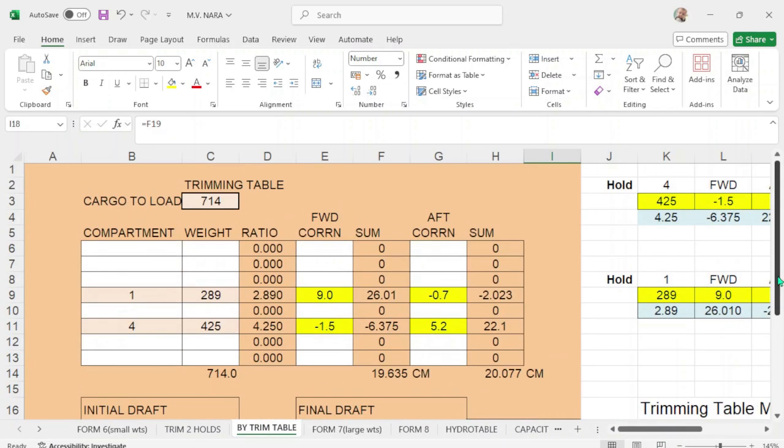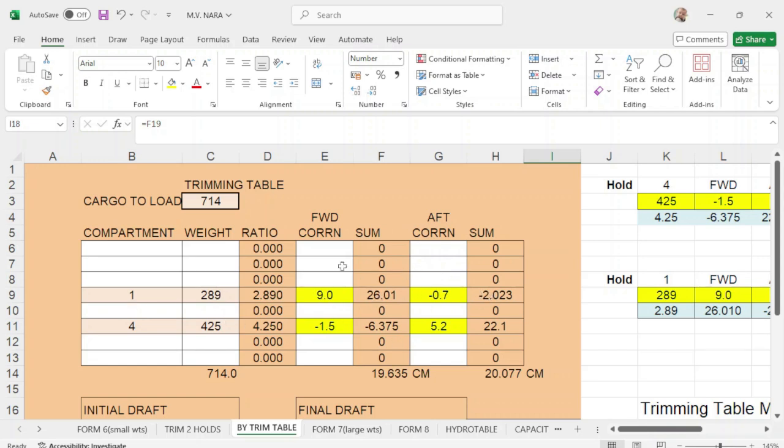Then we go to the trim table. Take note of the departure cargo to load is 714. Number 1 is 289. Number 4 is 425. Now you will look for the forward correction of hold number 1 and up correction of hold number 1. This correction you will find in the loading manual of your vessel. So you get your loading manual and check for the trim correction of hold number 1, forward correction, and up correction.